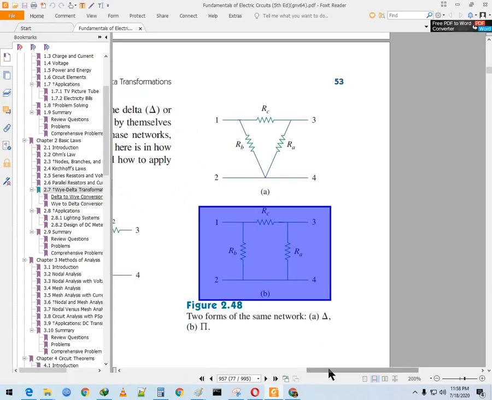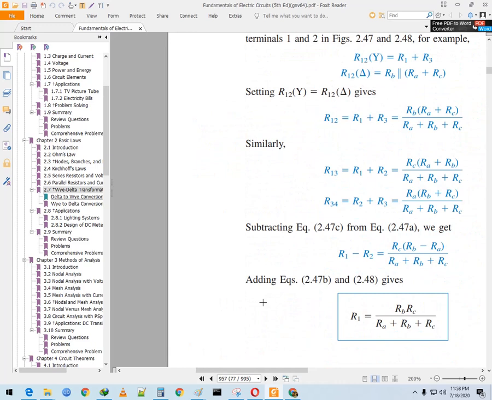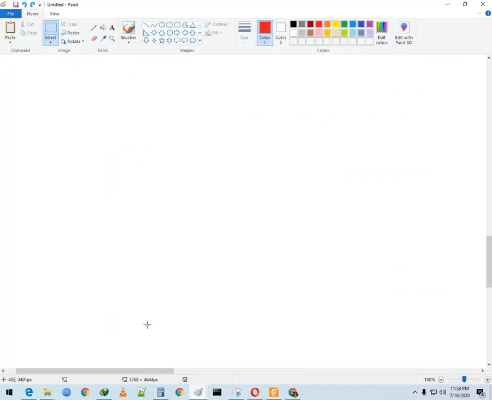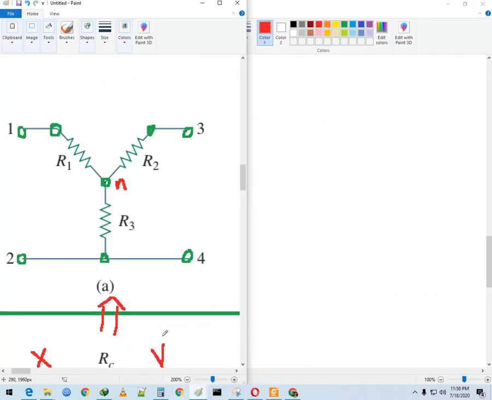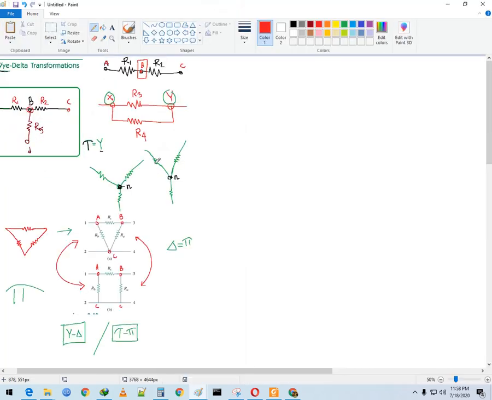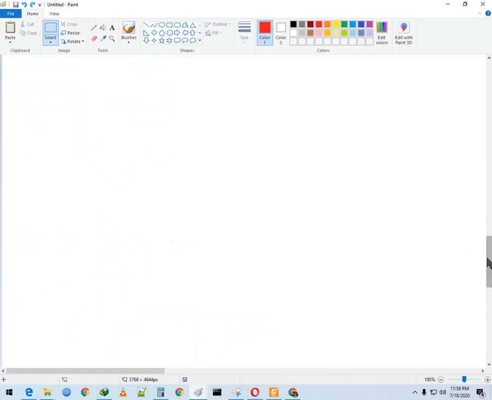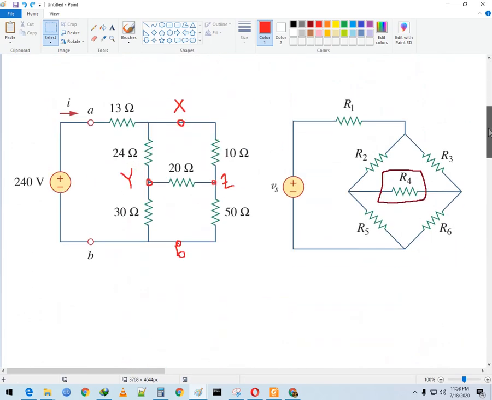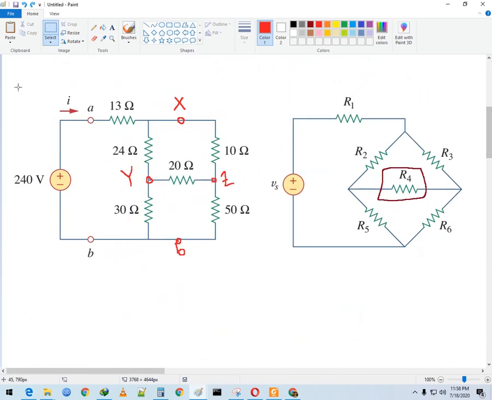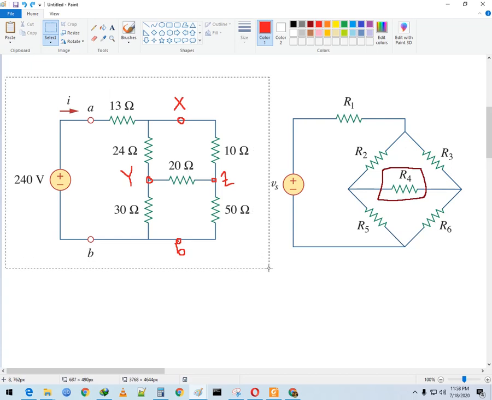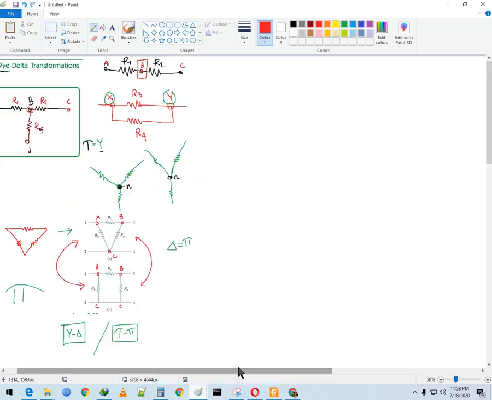No, let me take another one, not that one. Okay, let us take this one instead. This one is better.